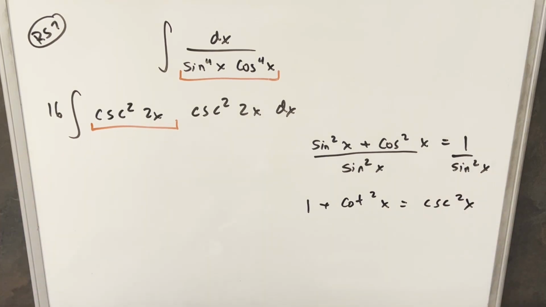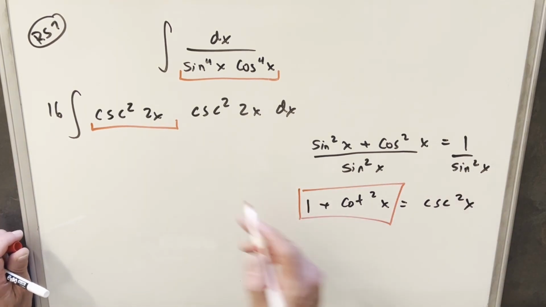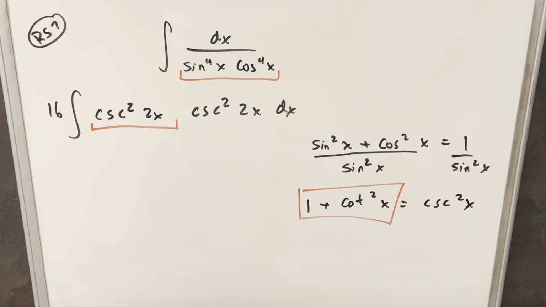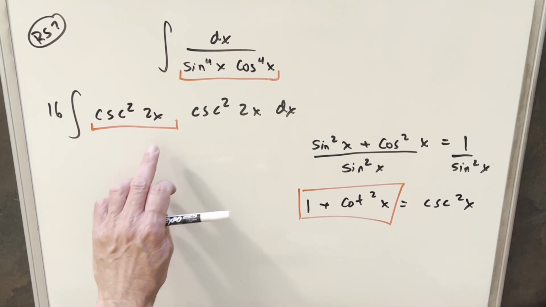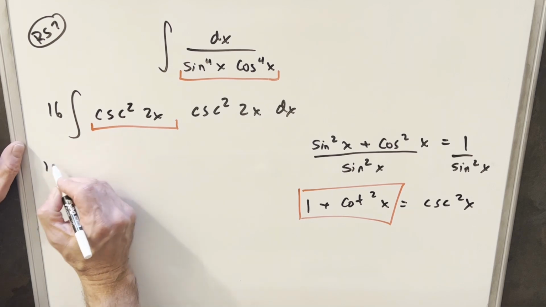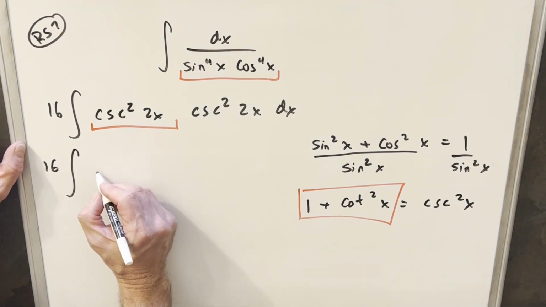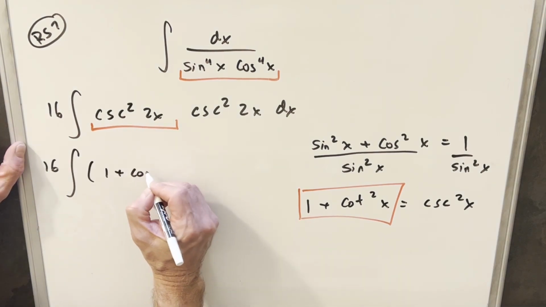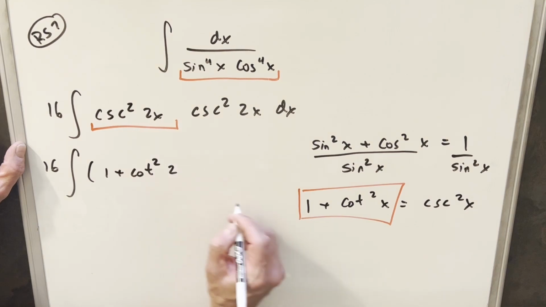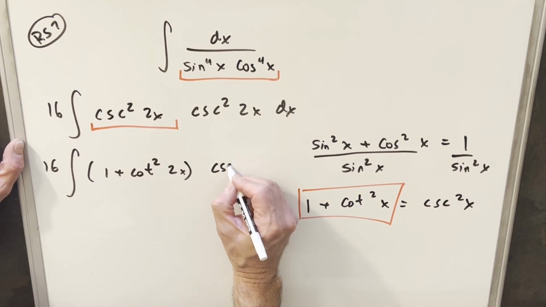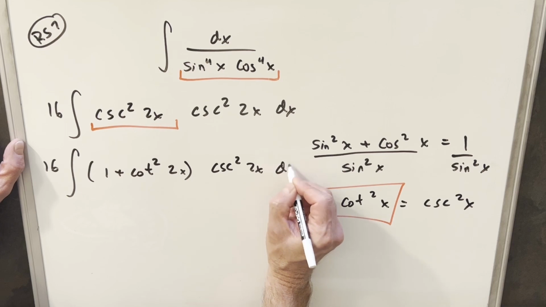So that's going to give me this value to plug in right here for cosecant, except remember our angle here is 2x, so I'm going to rewrite this using our formula here. So we're going to have 1 plus cotangent squared 2x times cosecant squared 2x dx.